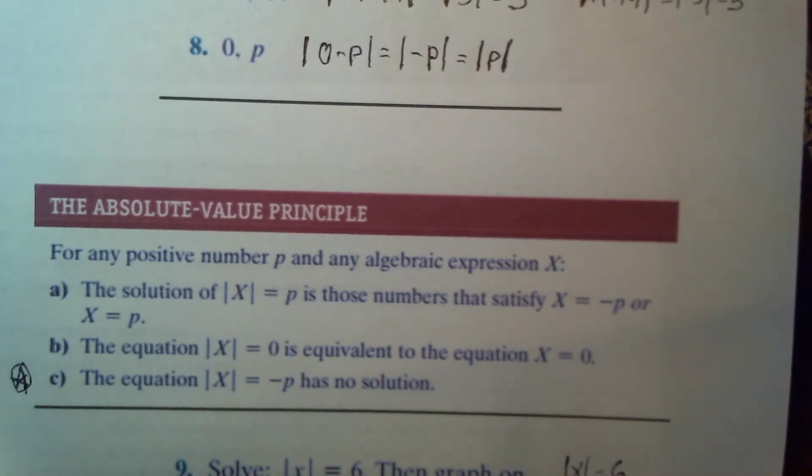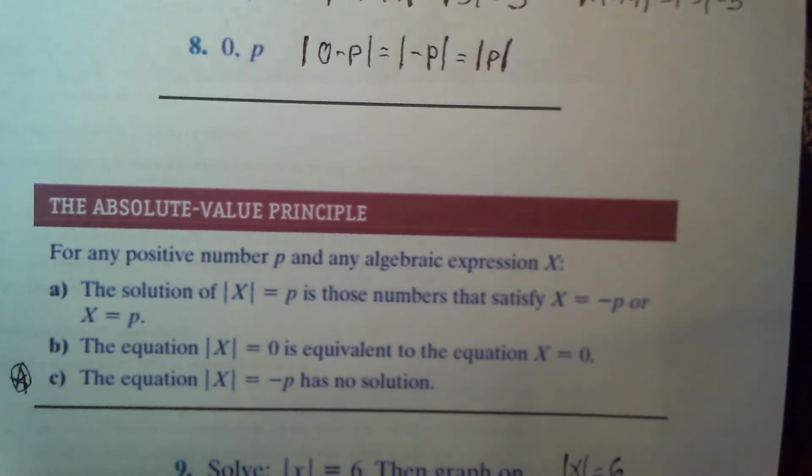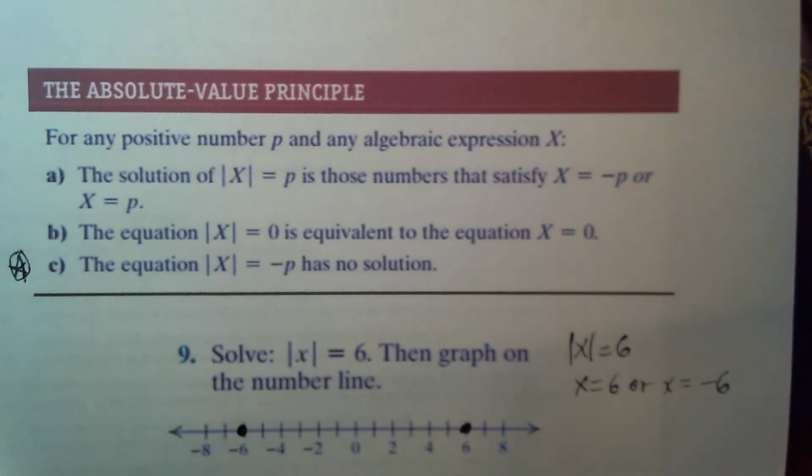So plotting this on the number line, here's minus 6, and here's 6. And so now we graph the 2 points, 6 and minus 6, on the number line.